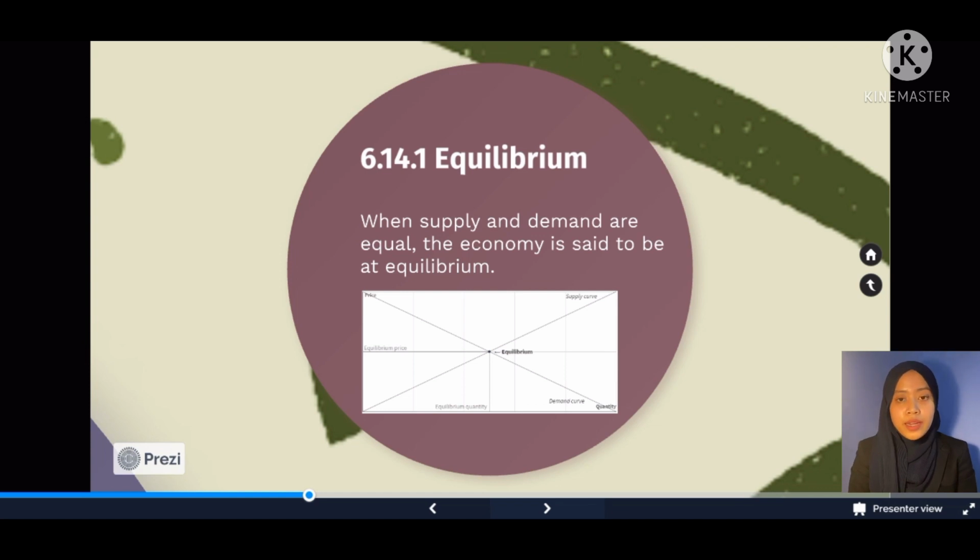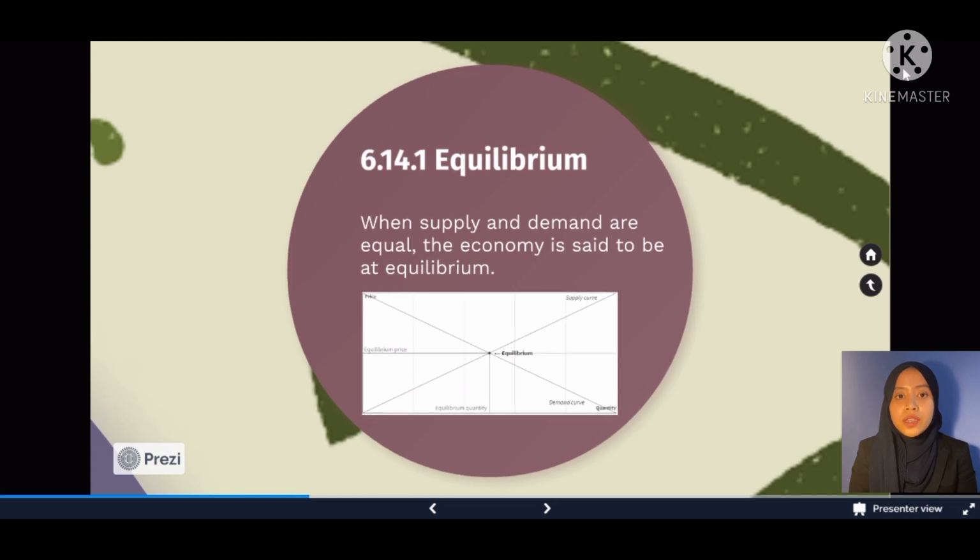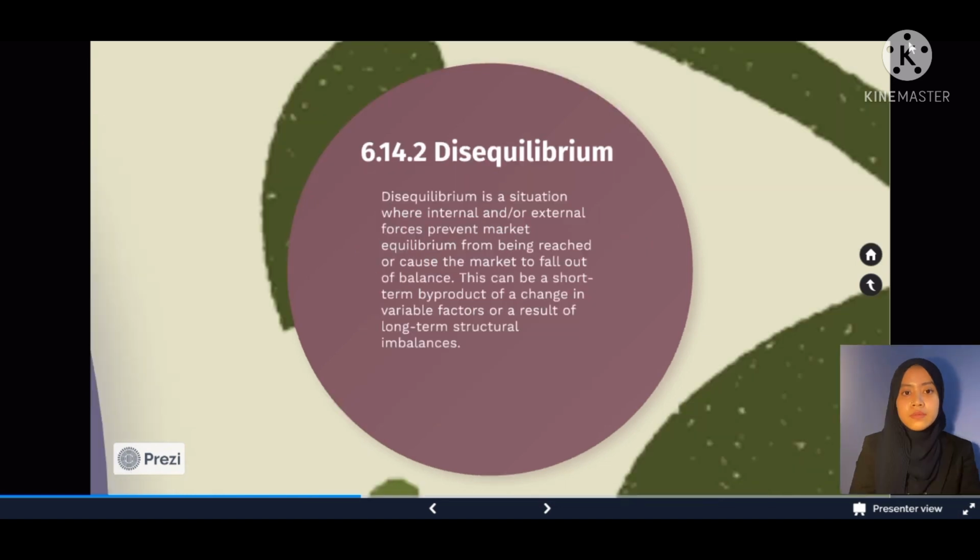The precise price and quantity where this occurs depend on the shapes and positions of the respective supply and demand curves, each of which can be influenced by a number of factors. Disequilibrium is a situation where internal or external forces prevent market equilibrium from being reached or cause the market to fall out of balance.